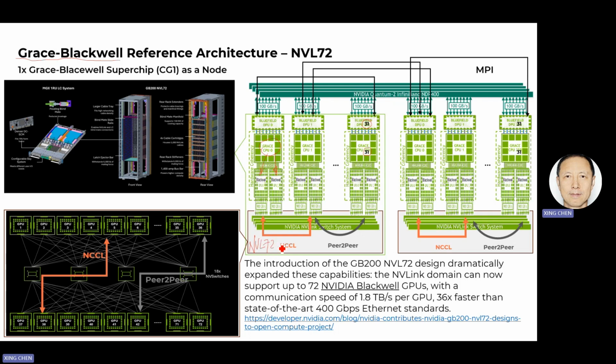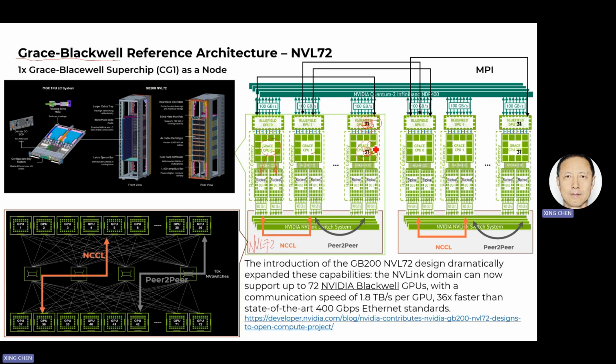Now you have 72 GPUs connected by the NVLink network. Each Grace Blackwell superchip has two Blackwell GPUs and one Grace CPU, so 72 means you have 36 nodes. We count from 0, 1, and right now I made a mistake. It should be 35 here, 35 is the last one.